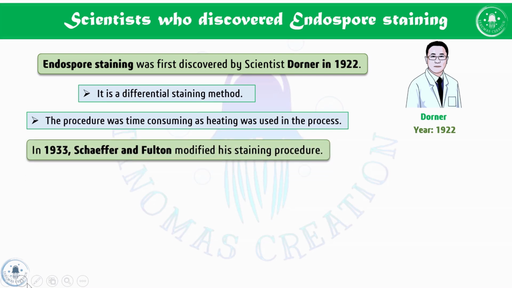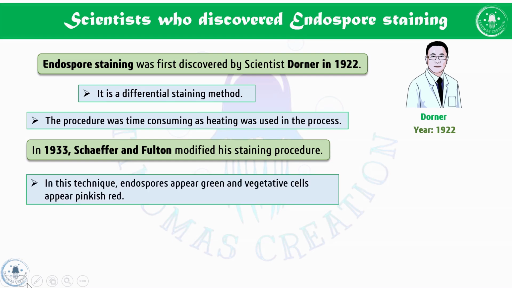In 1933, two other scientists, Schaeffer and Fulton, came and modified his staining procedure. They gave a proper heating step in the staining method, and they used a primary stain and a secondary stain.